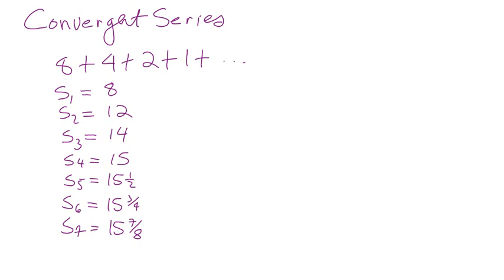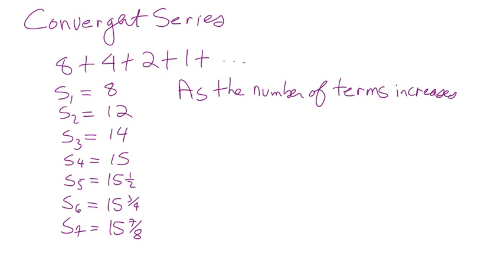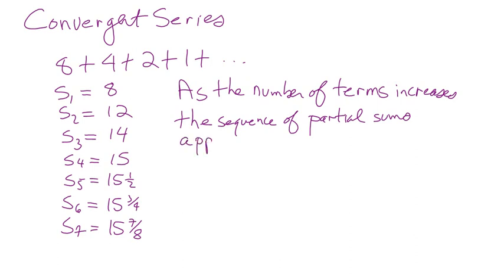It will reach a value. So as the number of terms increases, so let's write this down. As the number of terms increases, the sequence of partial sums approaches a fixed value of 16, right?